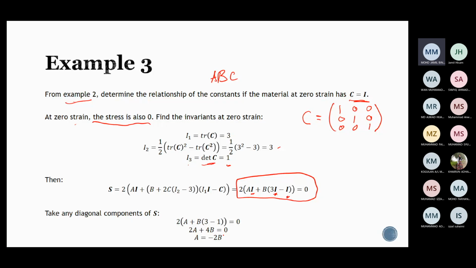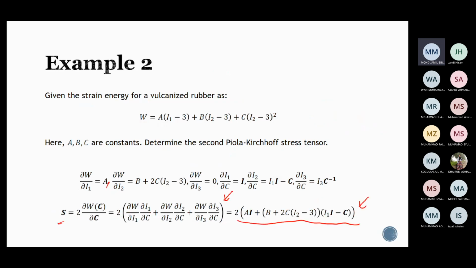Simplify, you get A equals minus 2B. Okay, so again, this is quite straightforward. The only problem that you might encounter is to differentiate the equation correctly. So please differentiate it carefully so that you don't make silly mistakes later.